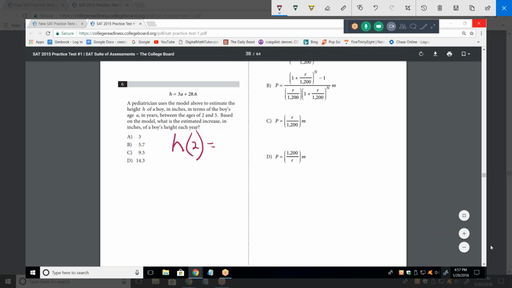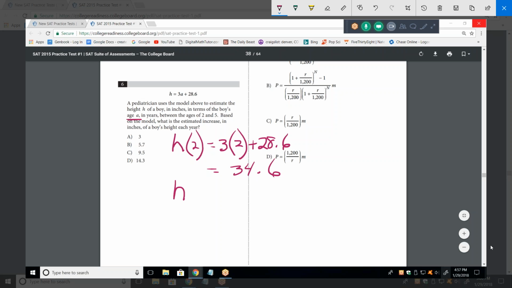Where A is the boy's age. So 3 times 2. 6. Plus 28.6. So that's 34.6. Now they want to know each year, how much does the boy grow?